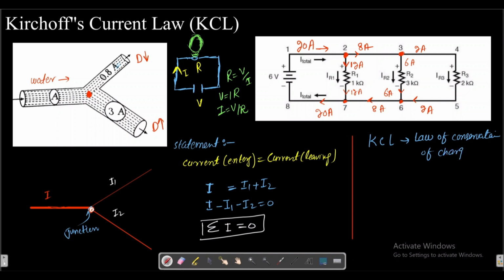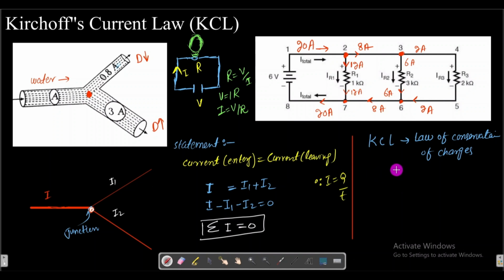So how do we justify this? According to KCL, the current entering the junction is equal to the current leaving the junction, and we know that the formula of current I is equal to charge per unit time.